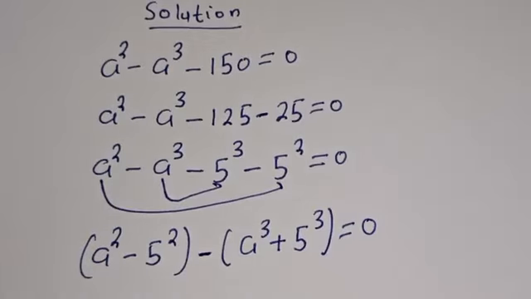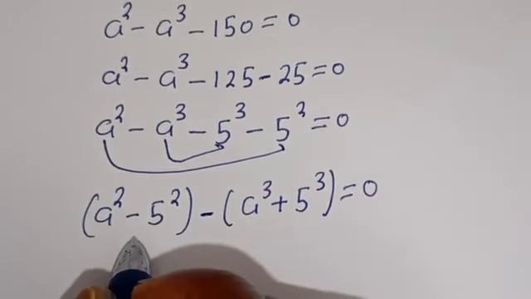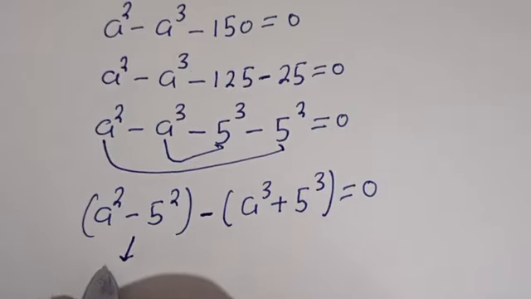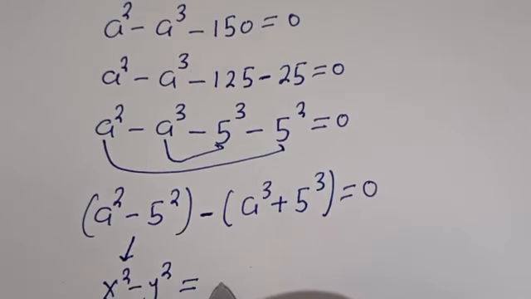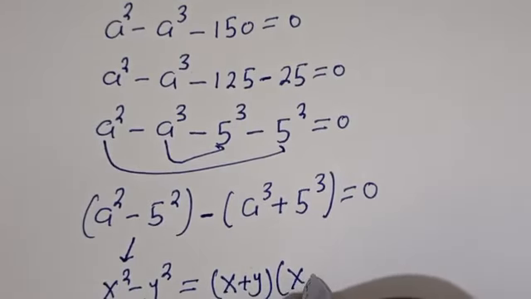Now, if you look at this, this is in the form of a difference of squares, and this can be written as: if you have x squared minus y squared, this is equal to x plus y bracket x minus y.